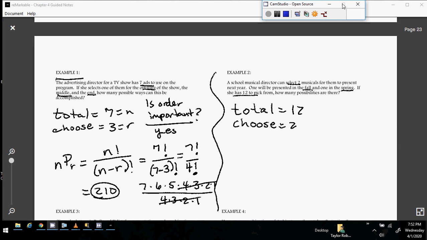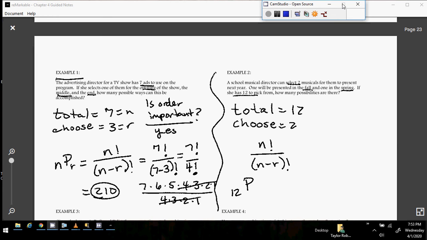Order is important, so we're going to use the same equation. So it's going to be n factorial over n minus r factorial. Okay, so this is what it'll look like, 12P2. Okay, so 12 factorial over 12 minus 2 factorial.